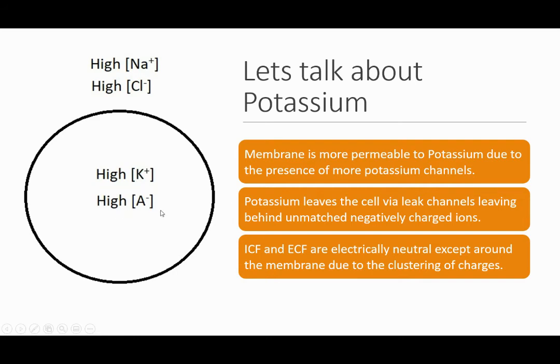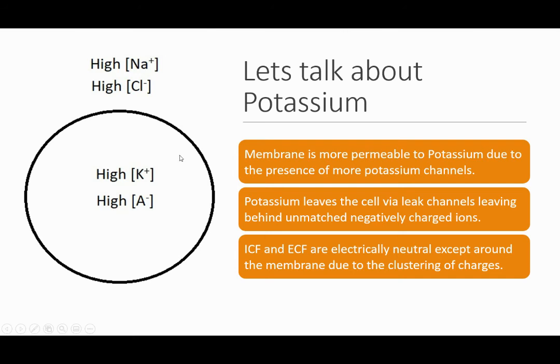Now, in the intracellular fluid and extracellular fluid, we do have electrical neutrality. However, because potassium is leaving the cell, we end up having this cluster of positively charged ions around the cell and the clustering of negatively charged ions in the cell membrane.